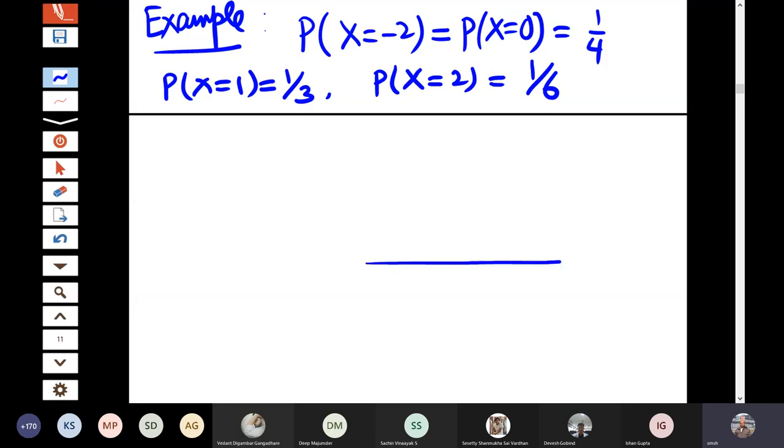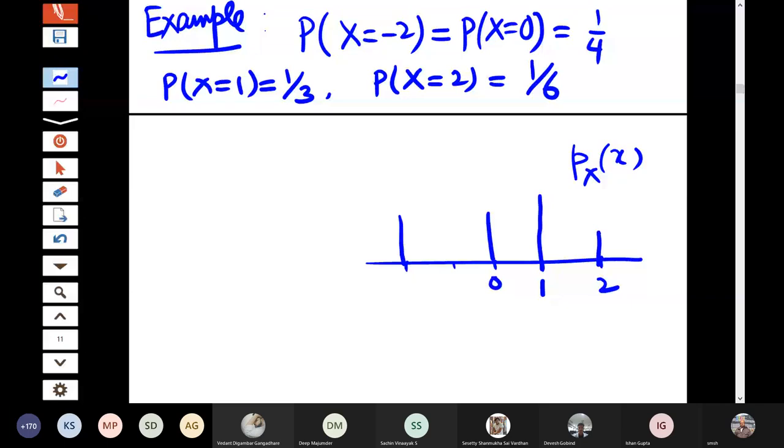See, if I want to plot it, it will look like this. -2, -1, 0, 1, 2. So at -2 I have 1 by 4, at 0 I have 1 by 4, at 1 I have 1 by 3, and at 2 I have 1 by 6. Okay, so this is the PMF here.